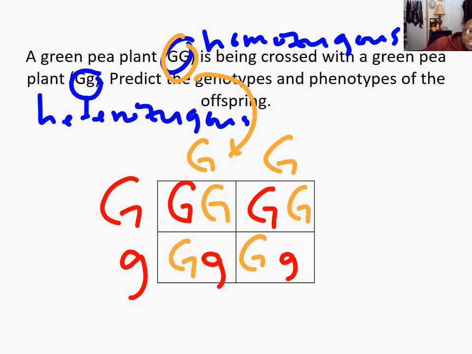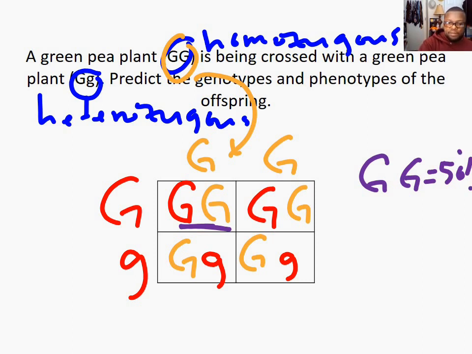So now, what are all the different genetic possibilities of this cross? Right here, we have big G, big G. How many of that do we have? 2. So that's 50 percent.